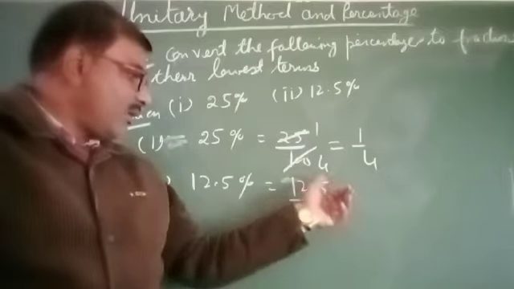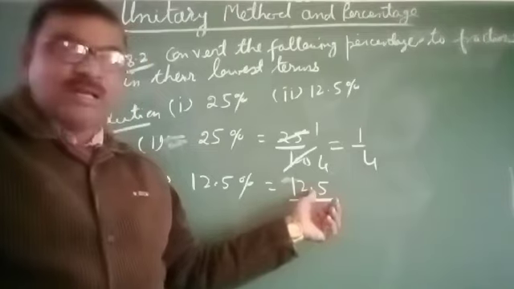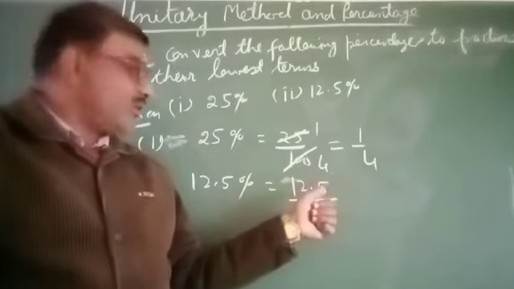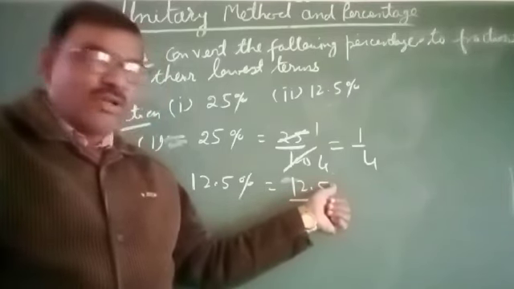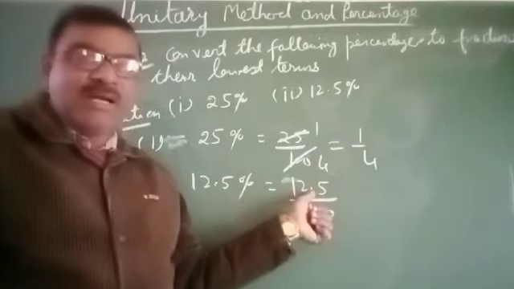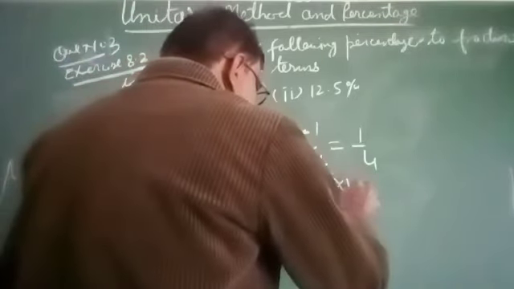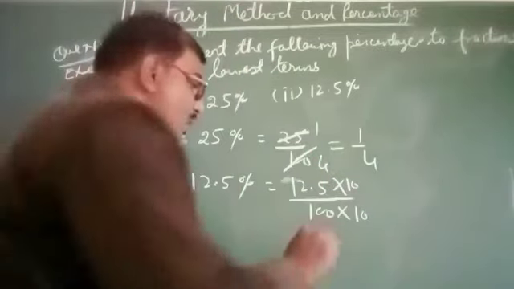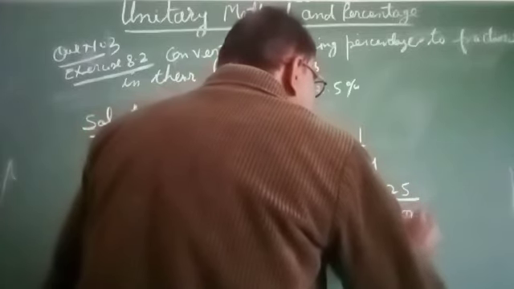First of all, I will remove the decimal. How to remove this decimal? Here the decimal place is one place, so I will multiply by 10 in the numerator and 10 also in the denominator. Then this decimal point can be removed. Then it will be equal to 125 upon 1000.